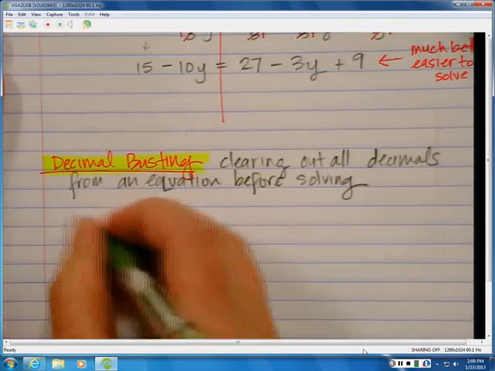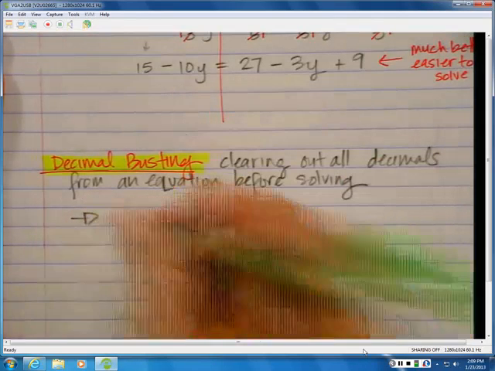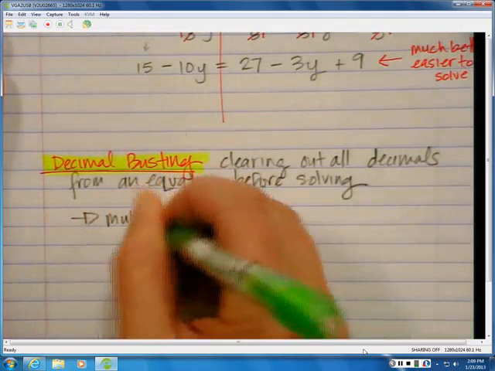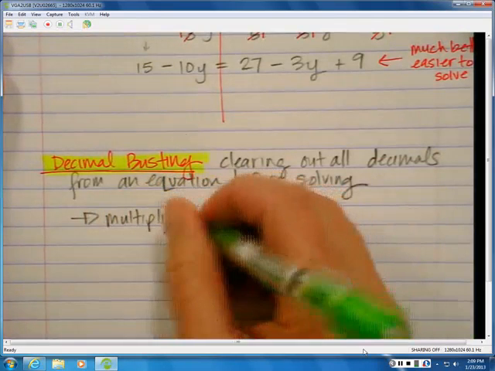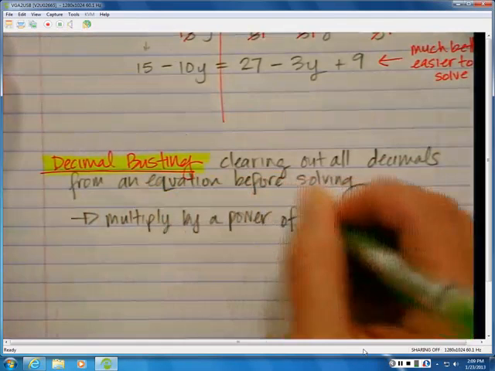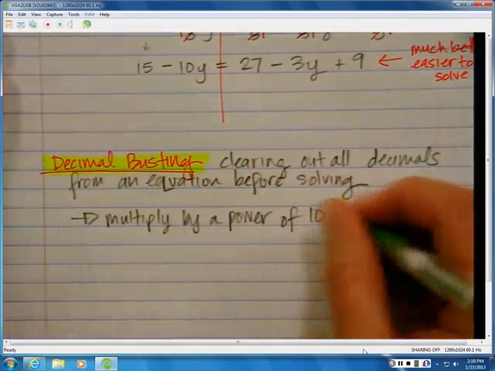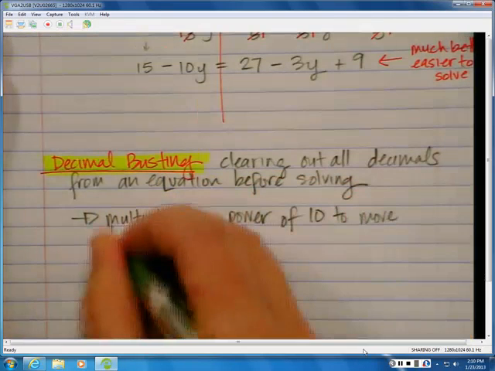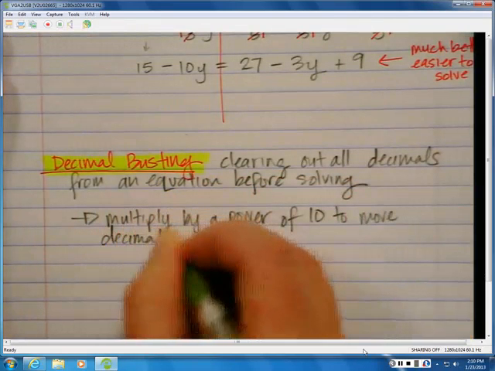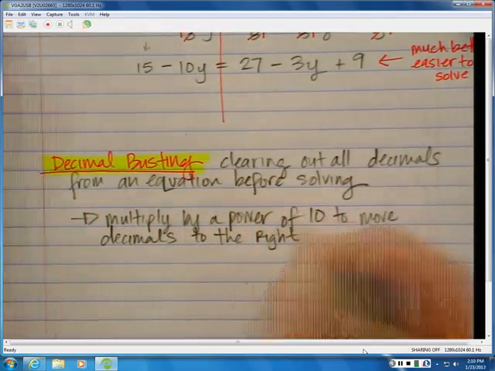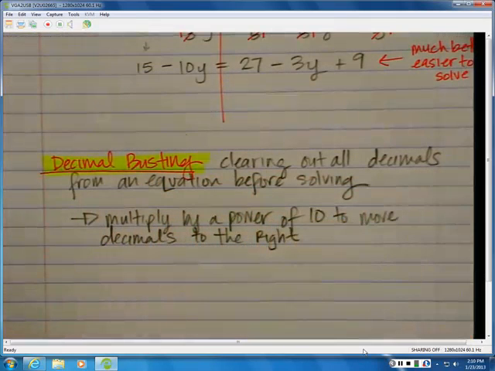In order to do this, you are going to multiply by a power of 10. And what that's going to do is move your decimals to the right.